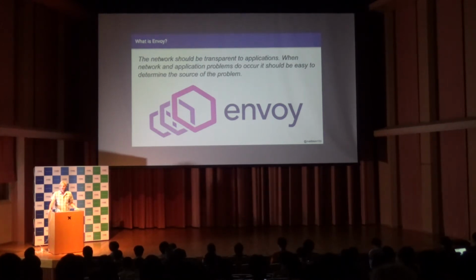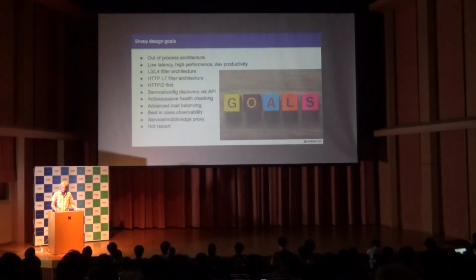You're not making any money working on infrastructure. What you really want is all of your application developers working on business logic, because that's when your company is actually making money. So the way that I look at infrastructure software is that we want to hide the infrastructure from application developers so that theoretically they can spend 100% of their time working on business logic. So how do we do that?